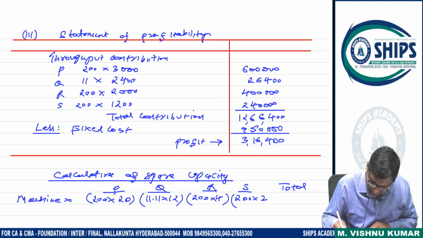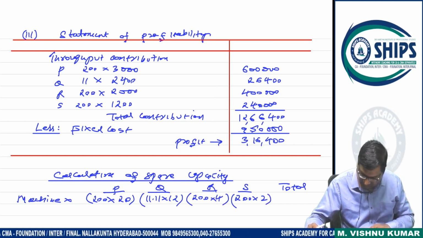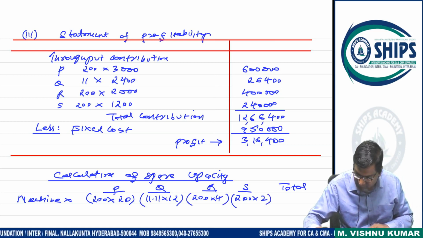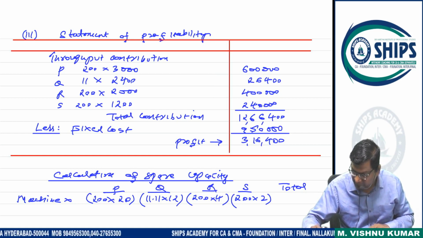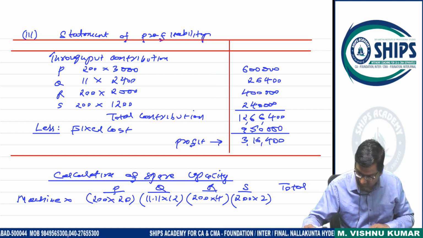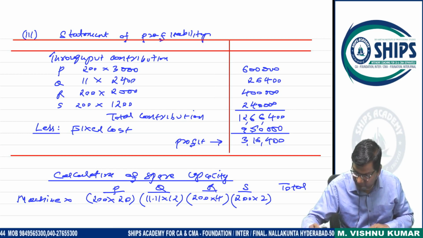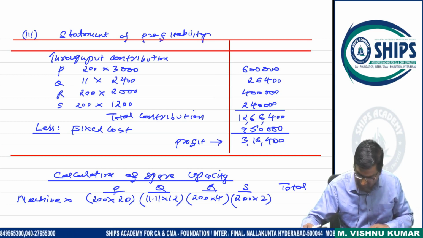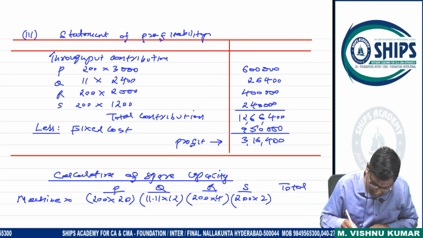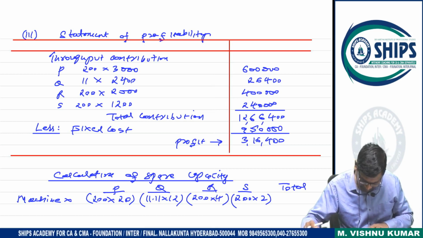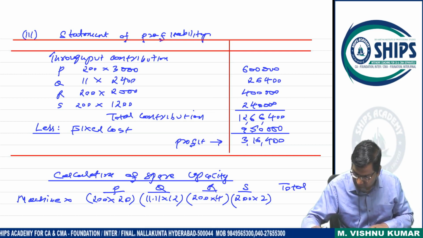Okay, so total will come 200 into 20, 11 into 12, 200 into 4, 200 into 2. See, you can take 11 only here, not a problem.